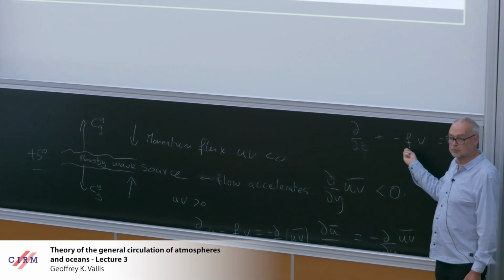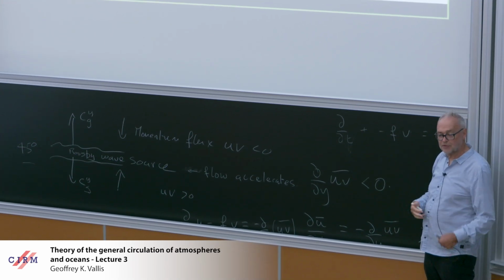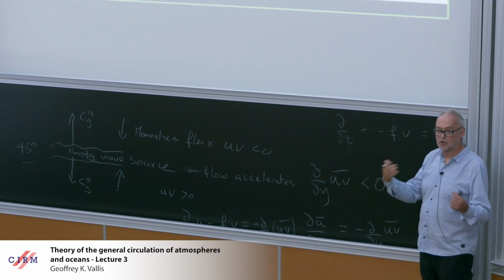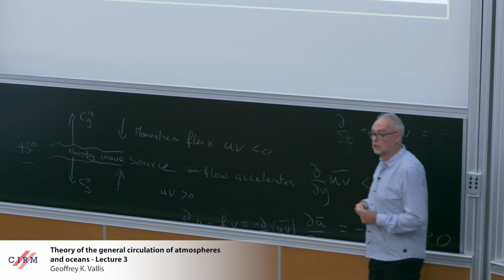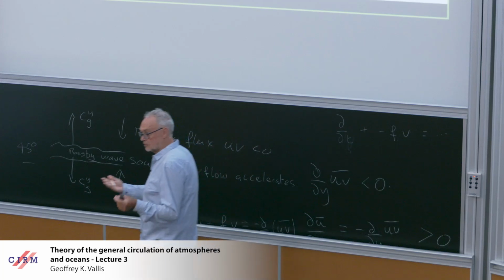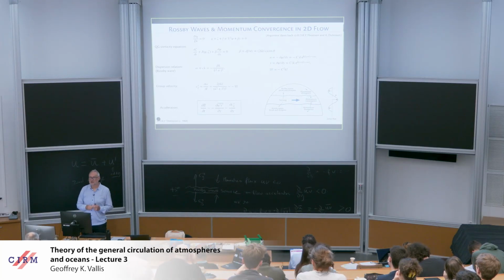Meridional flow is multiplied by f in the momentum equation. f is large. It's the Coriolis term. It often is a dominant term. f is large. v tends to be small simply for that reason, that it's being multiplied by a large term.